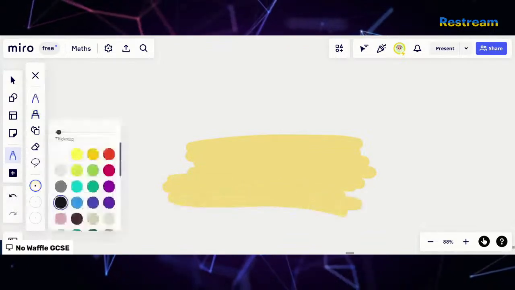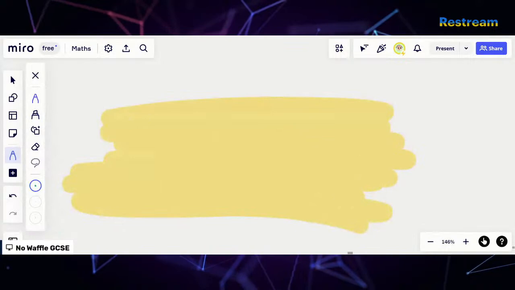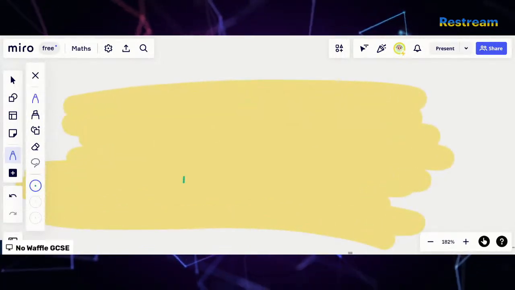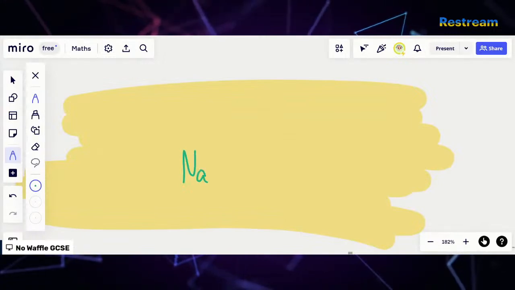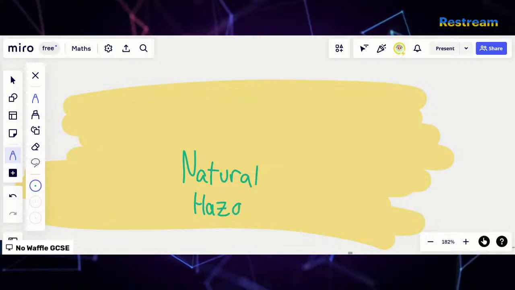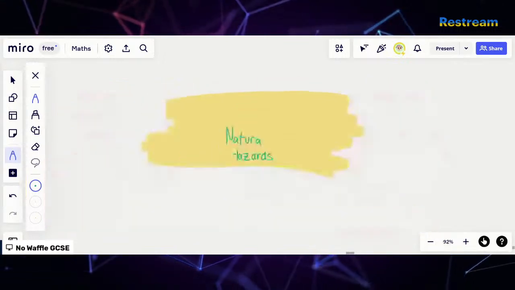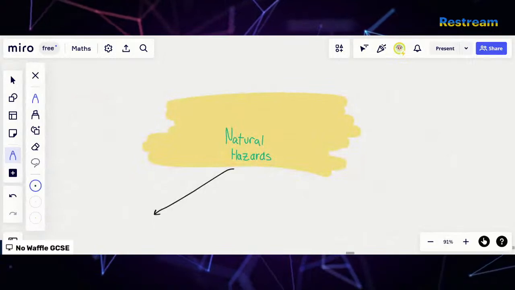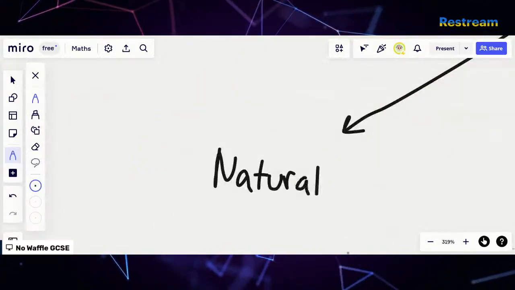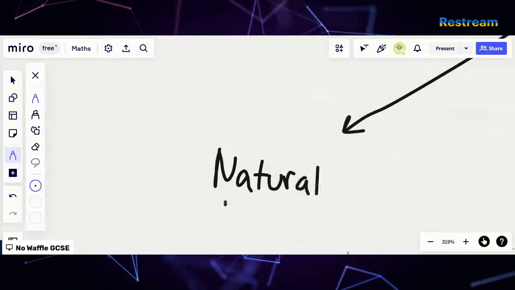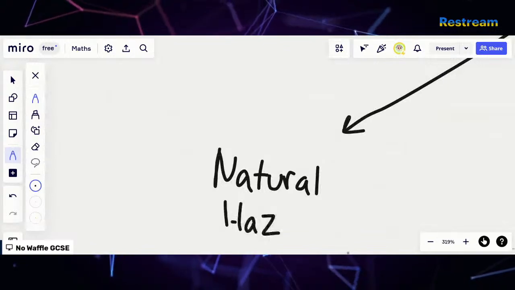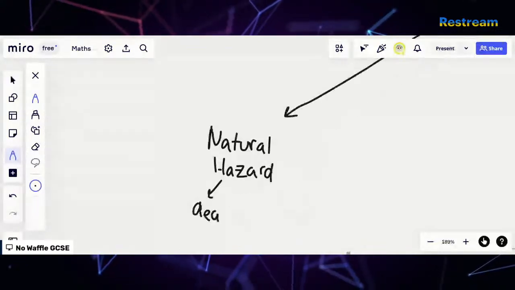So a natural disaster is when you're talking about it in past tense, and it's something that's actually happened. So if we're defining a natural hazard, that causes death, harm, or disruption.